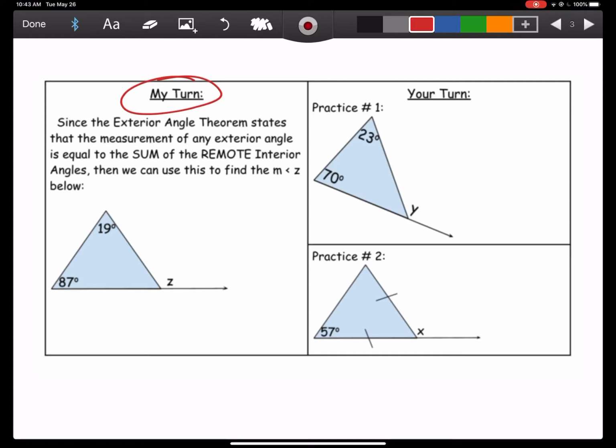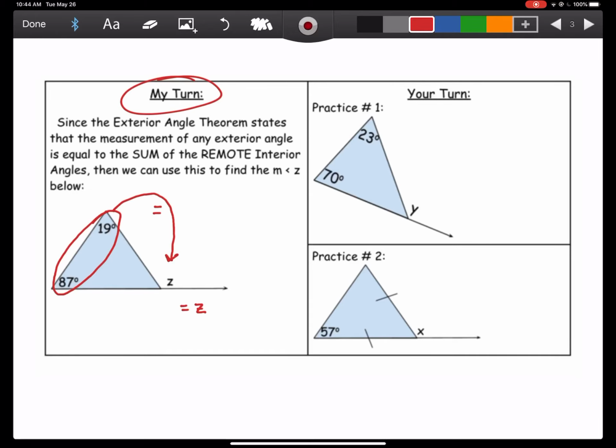Okay, so we want to find Z, and what is Z equal to? Okay, well, the two remote interiors add up to equal the exterior.